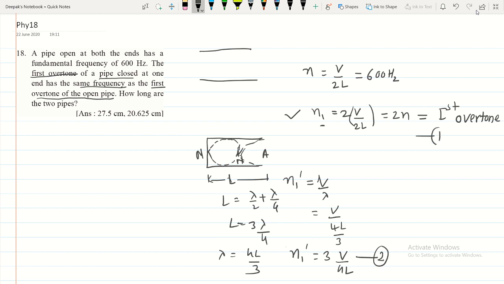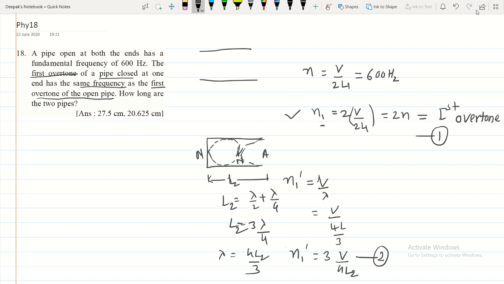This is equation 1. But in our problem, they give you that the frequencies are equal and the lengths of the pipes are different. So this is L1, and in this case you can take a length L2. They said that these frequencies are equal.